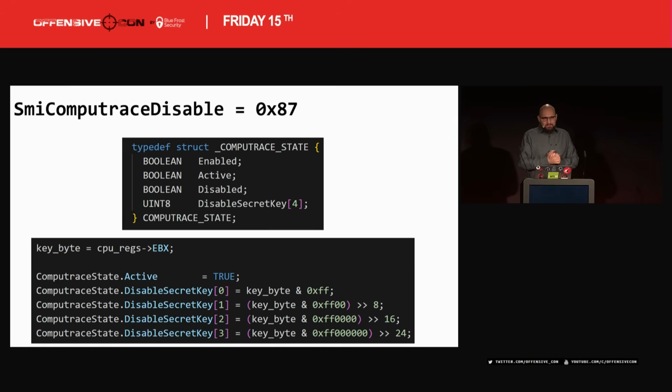But most interesting is also SMI compute trace disabled, and compute trace state actually has three Boolean values, which are enabled, active, and disabled. So you can control the state and understand whether it's active or not.